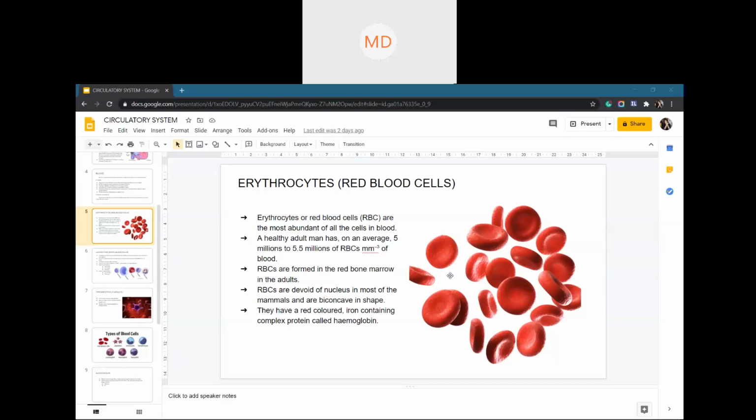Even tubewell water full of iron tends to stain your teeth, fingers and nails and everything, right? So this iron has a darkish, brownish-red color.